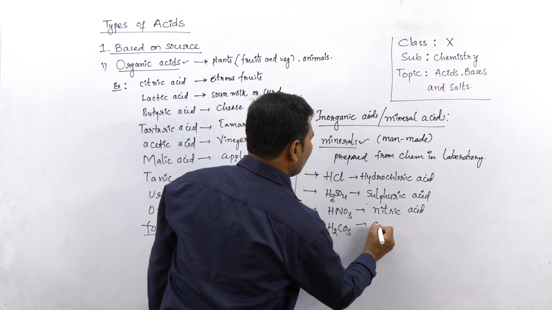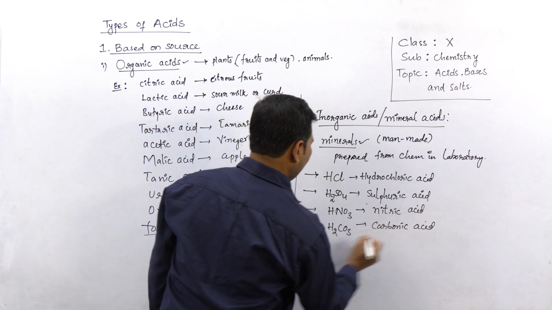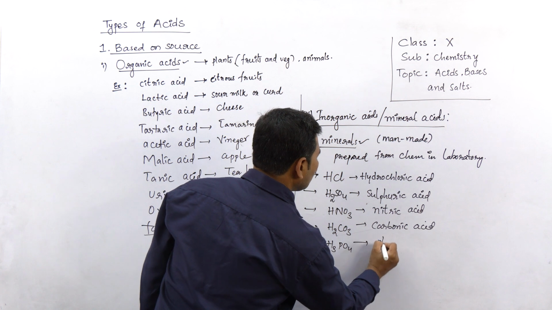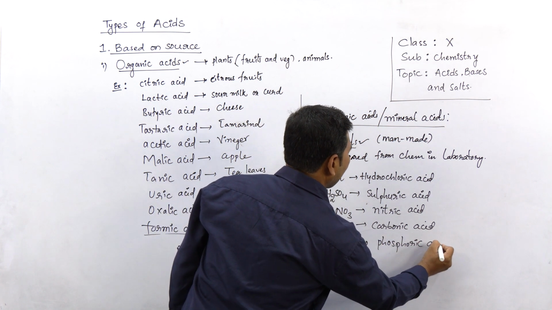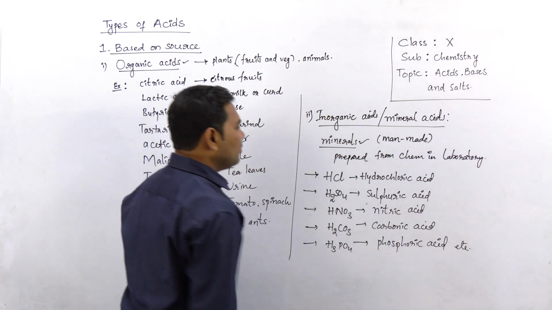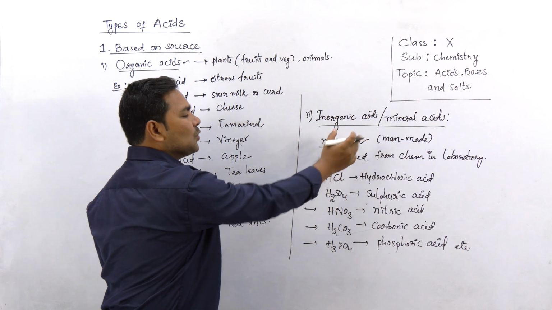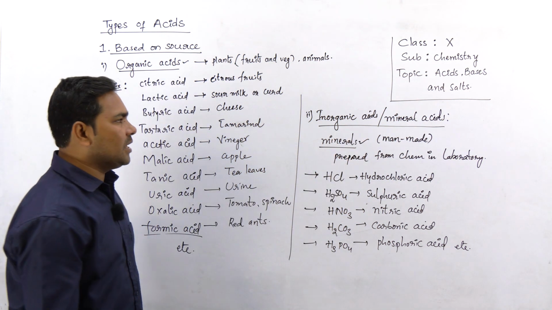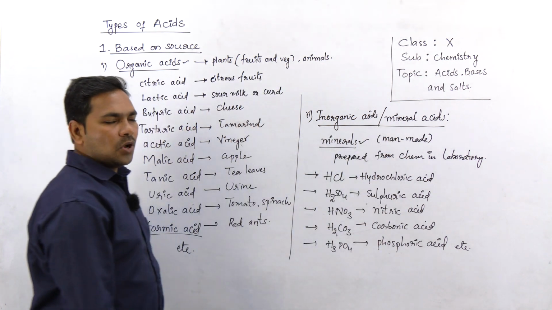H2CO3 is carbonic acid. H3PO4 is phosphoric acid. Etc. are the examples of mineral acids. They are obtained from mineral sources. They are prepared artificially in the laboratory by using various chemicals. So they all are called inorganic acids.